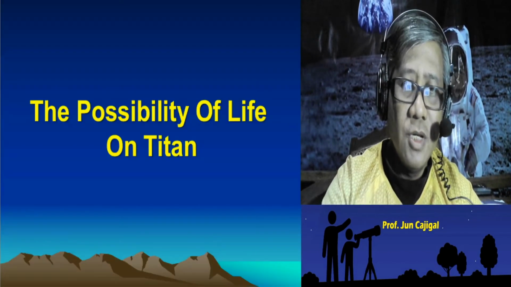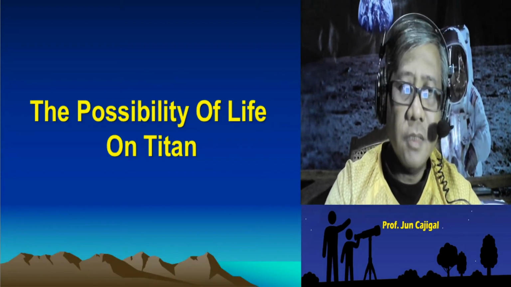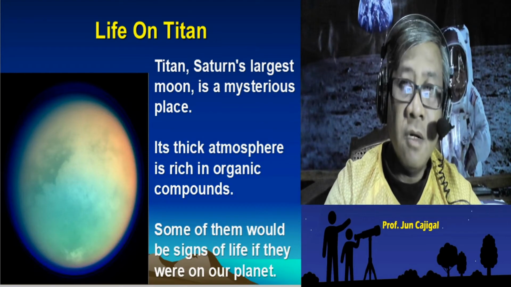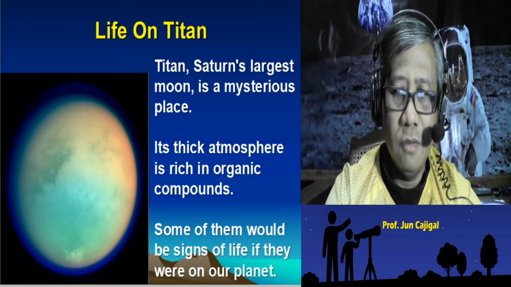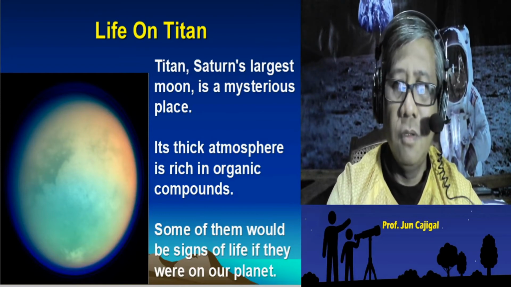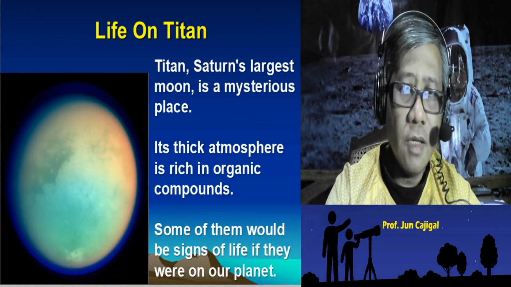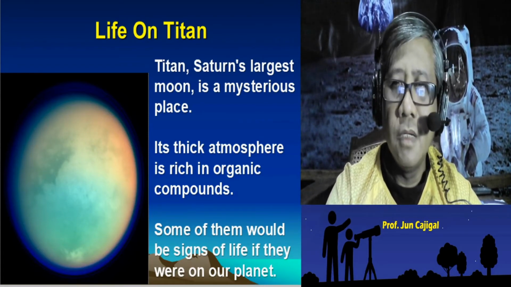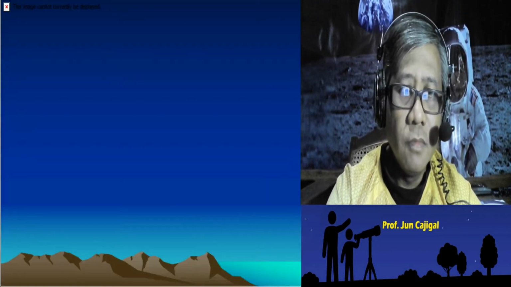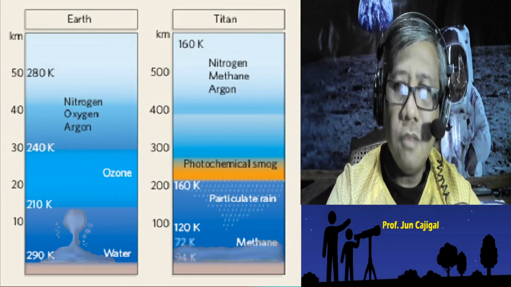Alright? Okay. What about the possibility of life on Titan? Titan is the largest moon of Saturn. Now Titan is the only moon in the solar system that has a thick atmosphere. And did you know that the atmosphere is made of nitrogen?